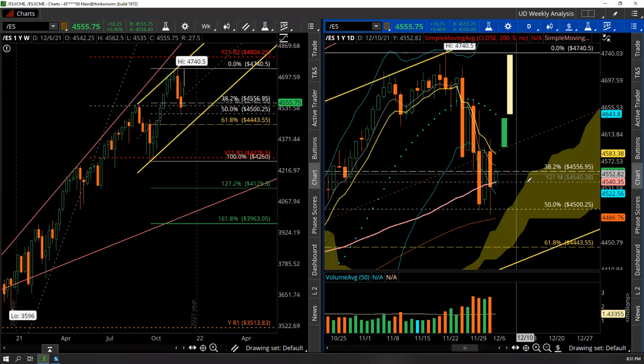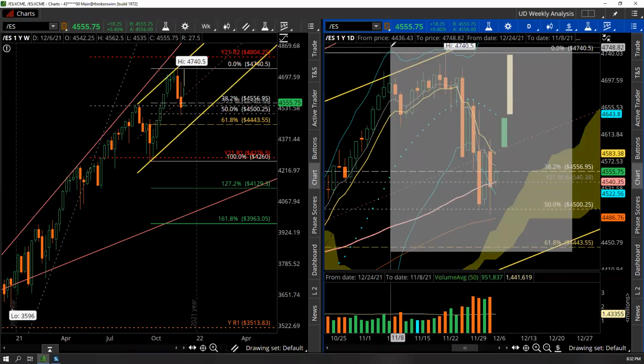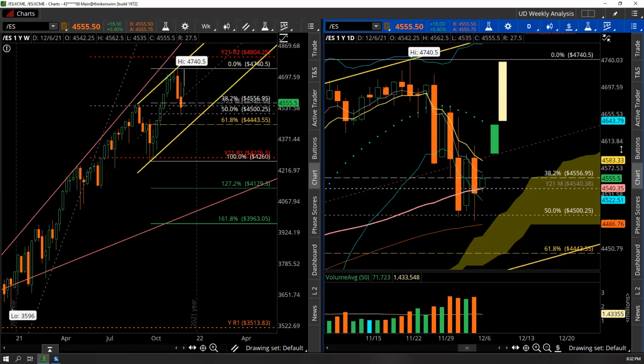And I don't want to go in its way and catch the perfect bottom, right? I want it to prove to me by gaining the 5 day average and closing above it for a day or two, and gaining the 8 day average and closing above it for a couple of days before I start putting on any bullish trades. And that is my recommendation.